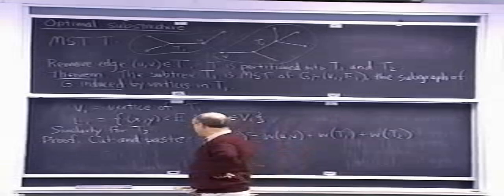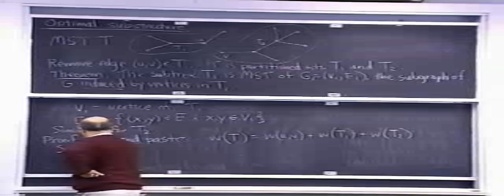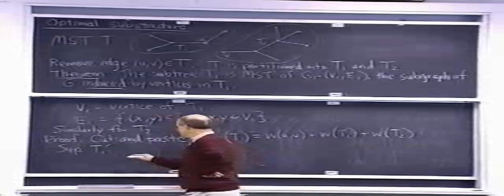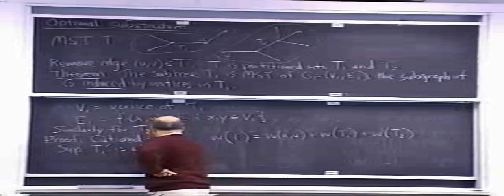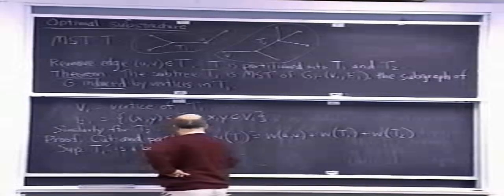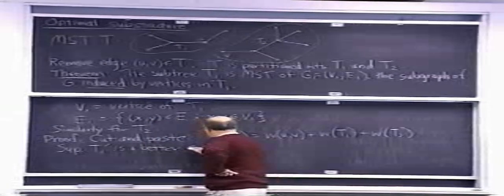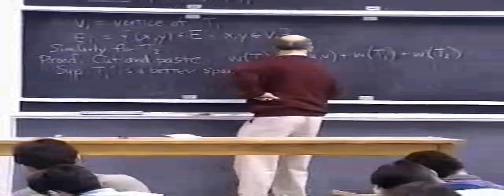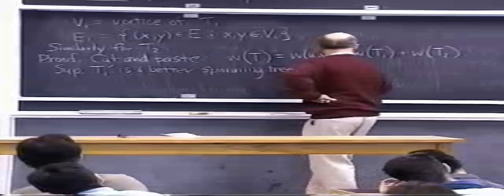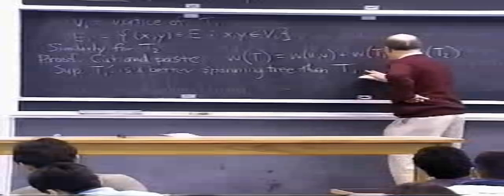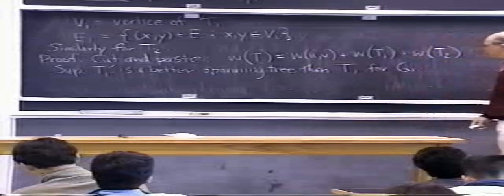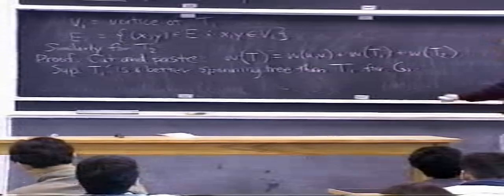Okay. So let's suppose that T1 prime is a better, meaning lower weight, spanning tree than T1 for G1. So suppose T1 prime is a better spanning tree than T1.